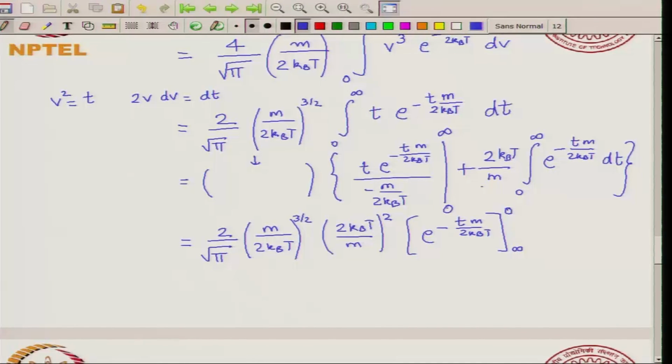When t equals 0, this is equal to 1, when t equals infinity, this is equal to 0. So, this is just 1.